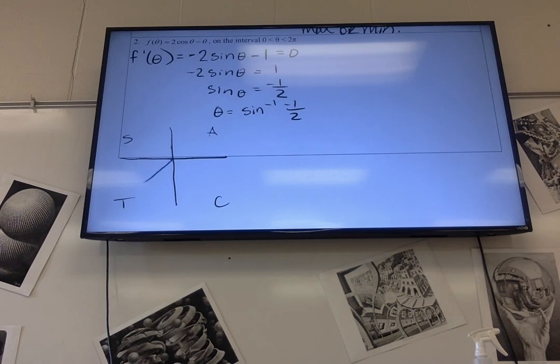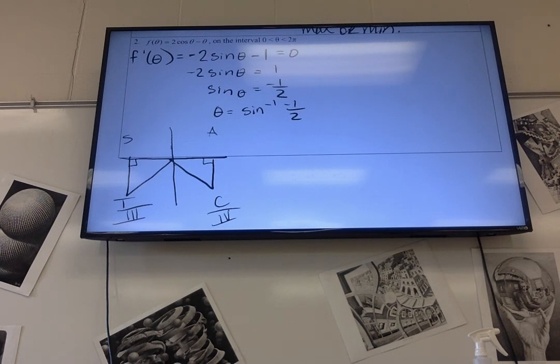So here and here. I forgot about this triangle. So it's in 3 and 4. Both of those will have a negative sine.